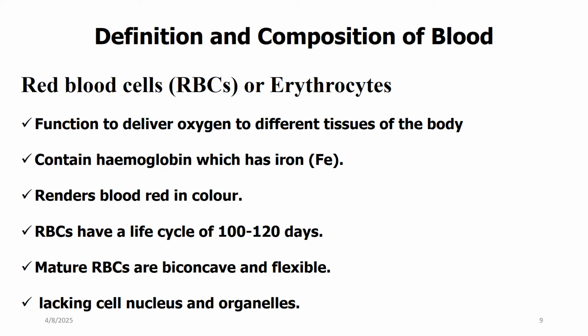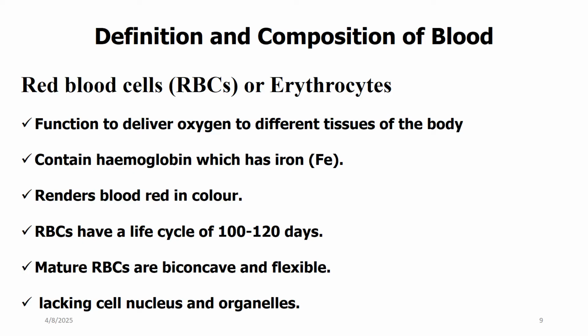What are the characteristics of these erythrocytes? They function to deliver blood to different tissues of the body. They contain hemoglobin, which has iron. The hemoglobin renders the blood red in color.